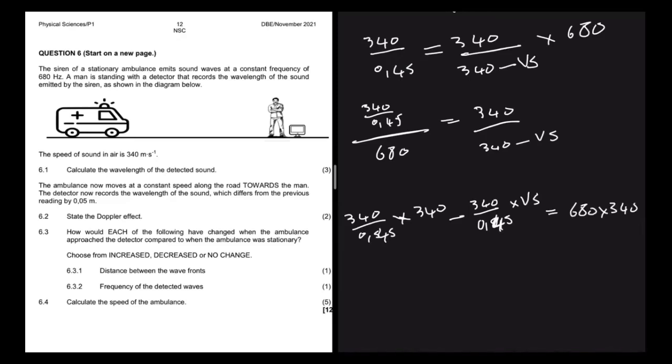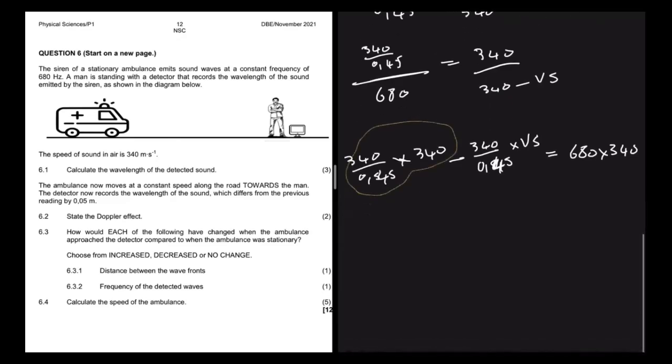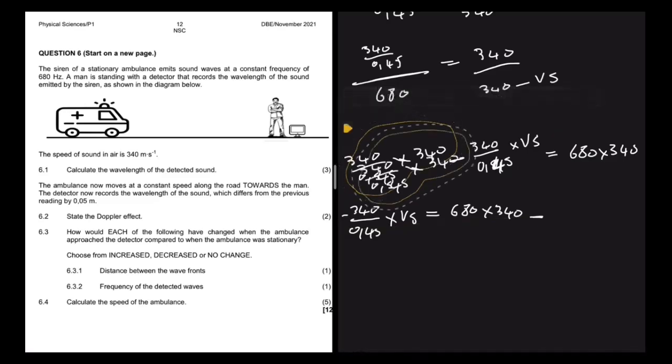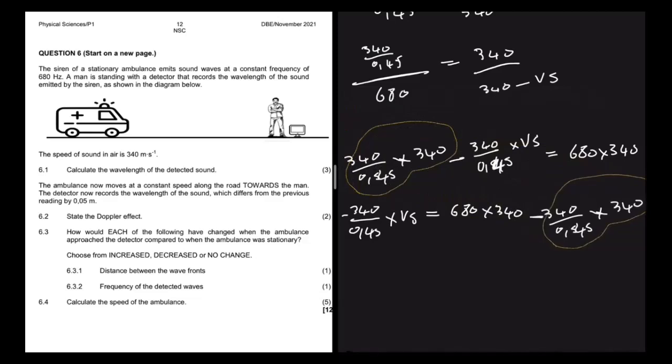So I can take this expression here to the right hand side. I'm gonna get minus 340 divided by 0.45 multiplied by velocity of source equals to 680 multiplied by 340 minus our expression, right? So let me just copy it and paste, right? So minus this expression here, right?